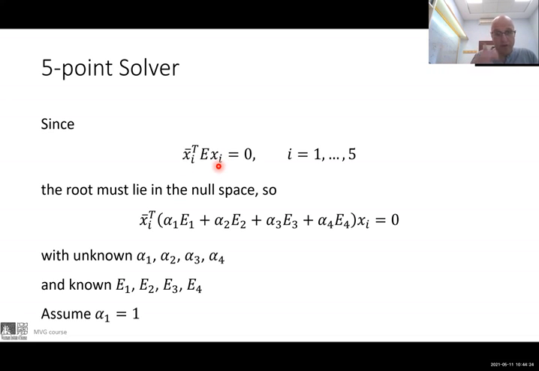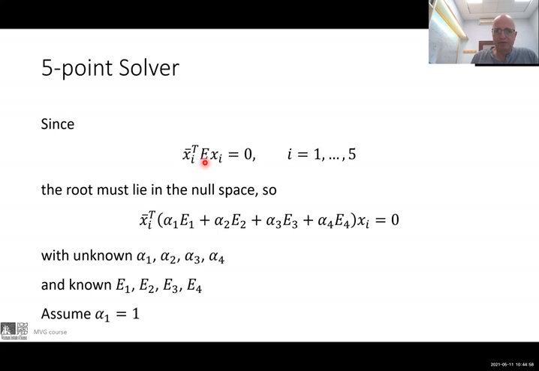So you have 5 vector equations on the unknown E, which has 9 components. So it's in R9, with 5 constraints, which means that the matrix composed of the known things x bar and x has a null space of size 9 minus 5, which is 4.